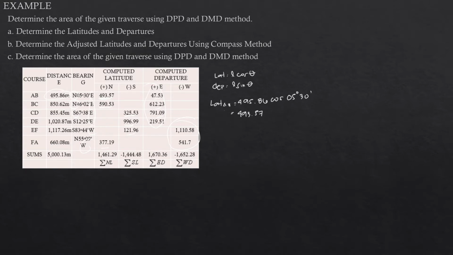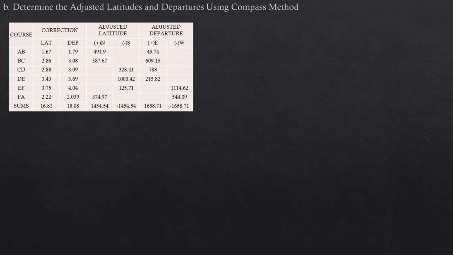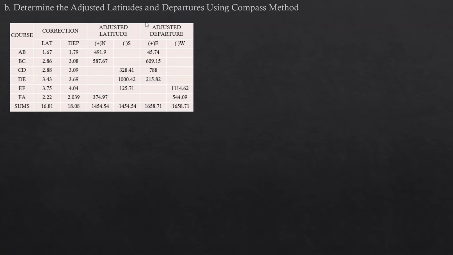Then, determine the adjusted latitude and departure using compass method. Di ba meron tayong formula for correction? Correction for departure, meron tayong CD over D, or yung total distance ng lahat ng courses, times L or length of course.